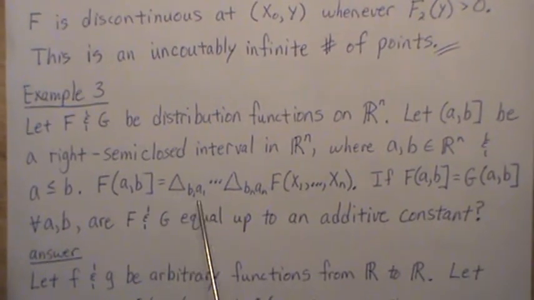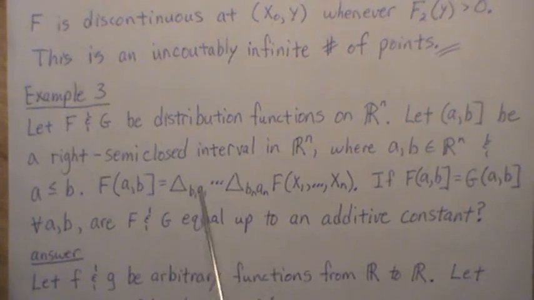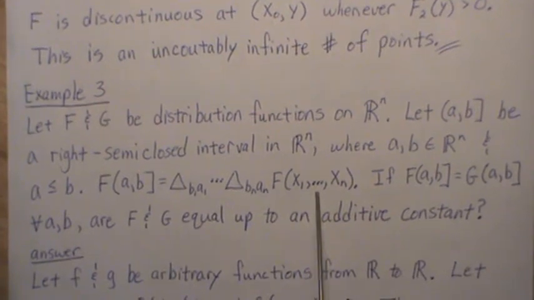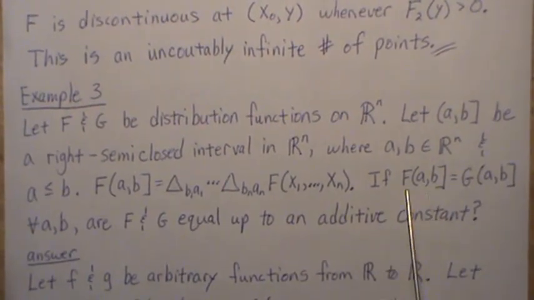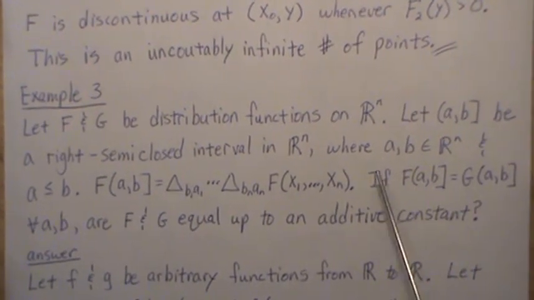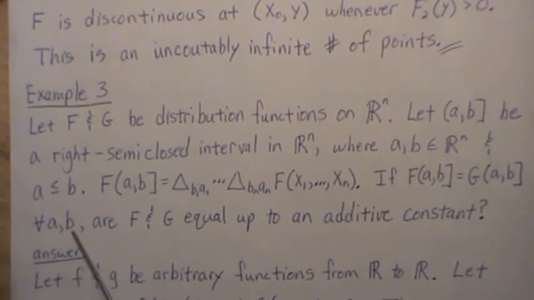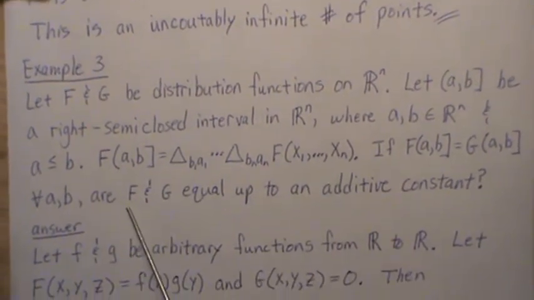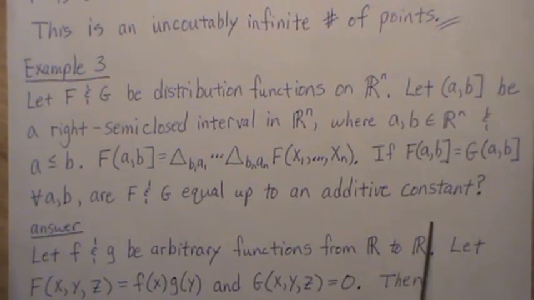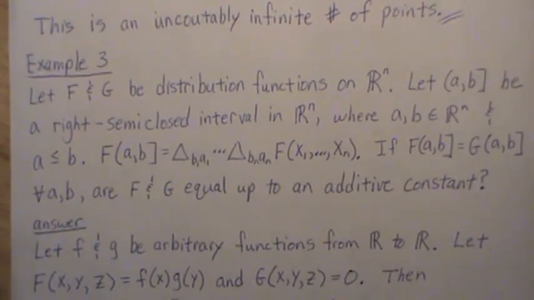We use the difference operator on every component, so there are n differences here, and we showed what that was in the previous video. Now, if F of (a, b] is equal to G of (a, b], where these are both distribution functions in n space, and they are equal for all a and b, are F and G equal up to an additive constant? That's a common question, and the answer is they don't have to be.